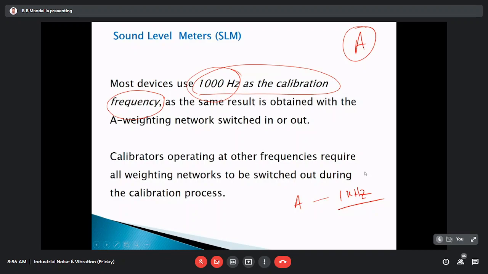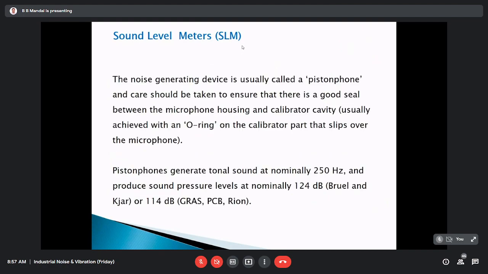That means if you are not using 1 kilohertz, then you must ensure that all the weighting networks are switched out. Otherwise, it will modify and make changes which you do not want. So if the question is why you use 1 kilohertz, the answer is that whether the A-weighting network or any other weighting network is switched in or out, the results will be the same. That is why we use this.